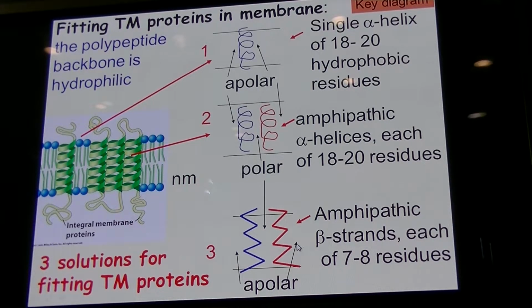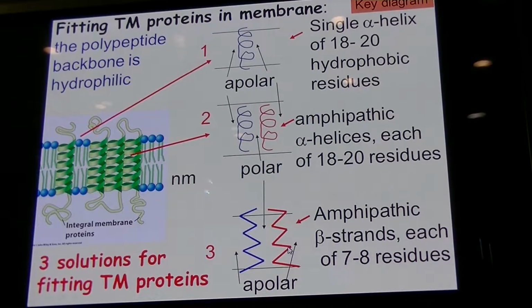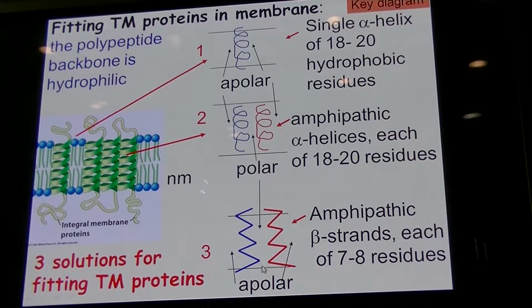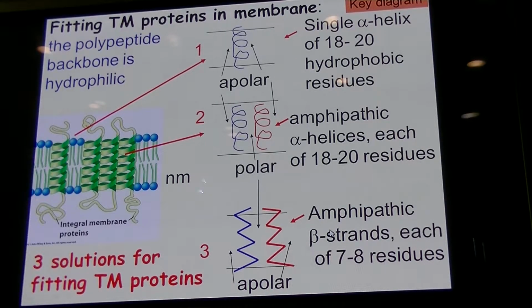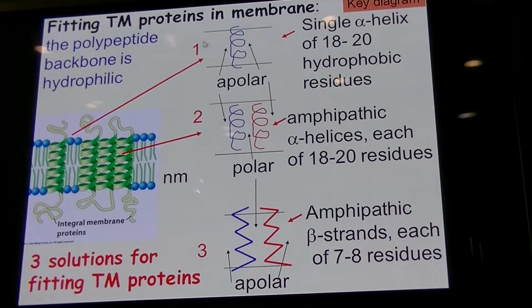But in this case, you need the amino acids that are in contact with the fatty acids again to be hydrophobic, and the ones that are in the center can be polar. And this type of arrangement is commonly found in the outer membranes of bacteria and in the outer membranes of mitochondria and of chloroplasts. Whereas this type of arrangement with one or more alpha helical structures is common in all other situations.